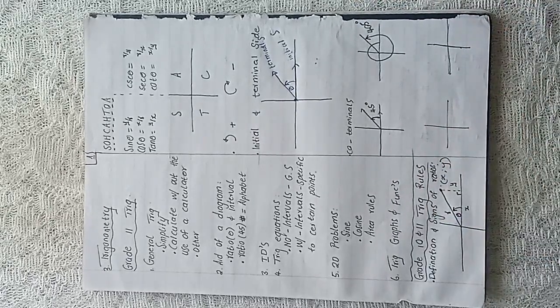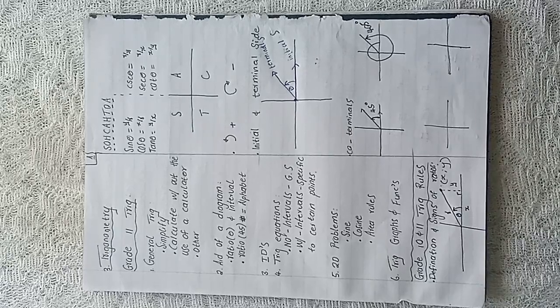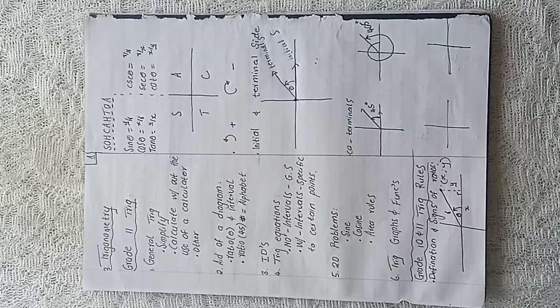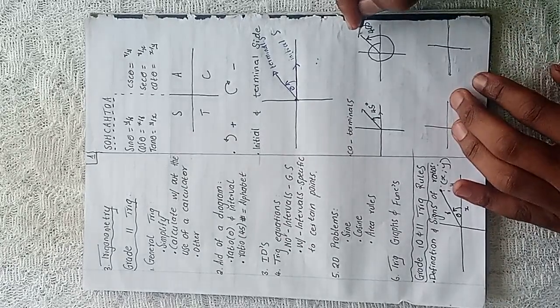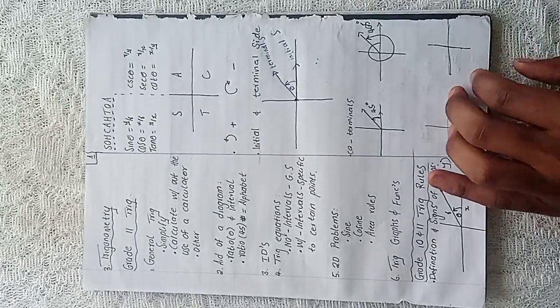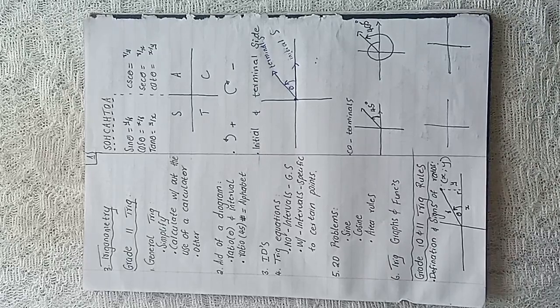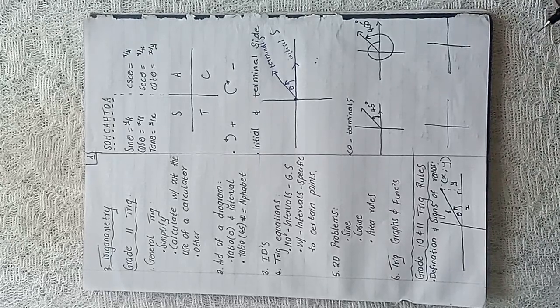So 45 and 405 are coterminals because they share the same initial side and the terminal side, so they are coterminals. All right.